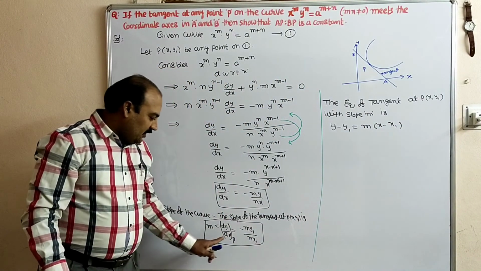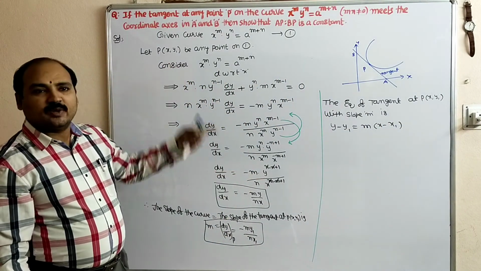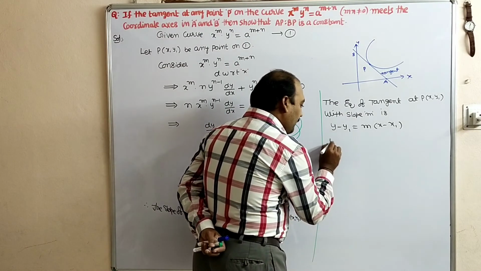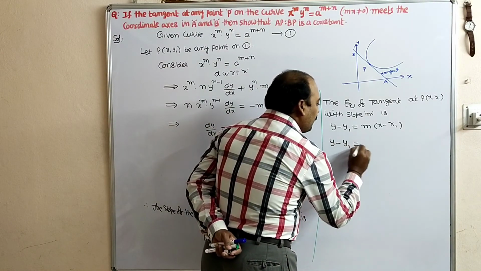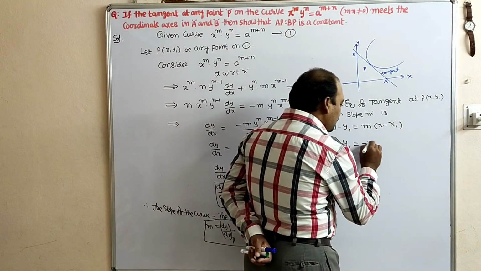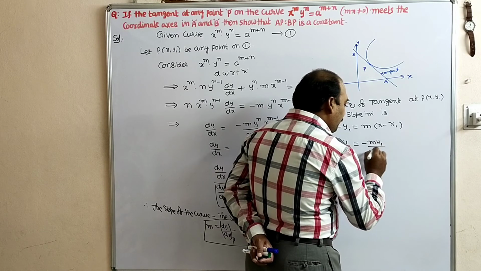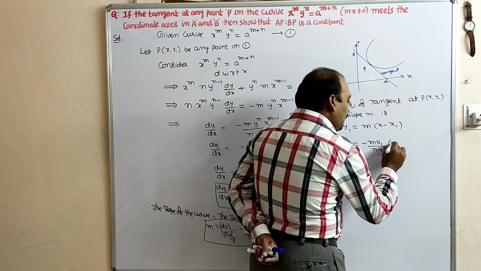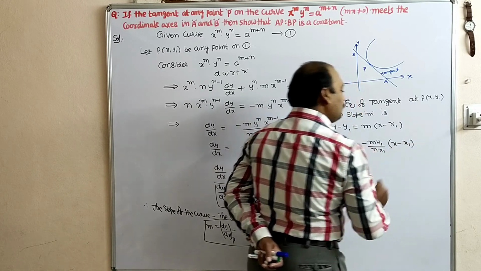So in place of m, substitute; x1, y1 is as usual x1, y1 only. Y minus y1 equals m value, minus m y1 divided by nx1, into x minus x1.